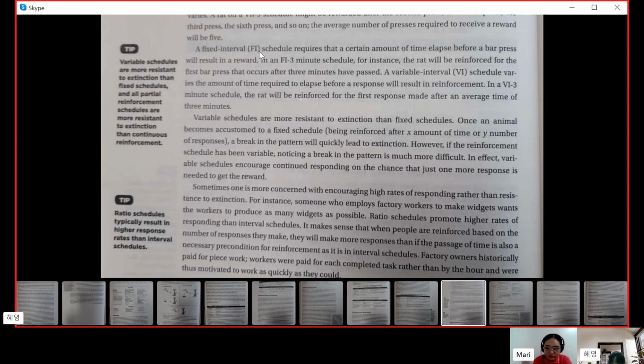A variable interval, VI, schedule varies the amount of time required to elapse before a response will result in reinforcement. In a VI 3-minute schedule, the rat will be reinforced for the first response made after an average time of 3 minutes.